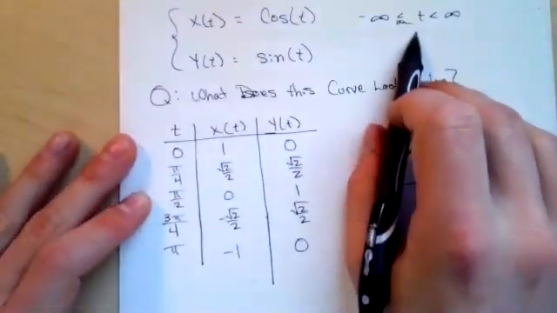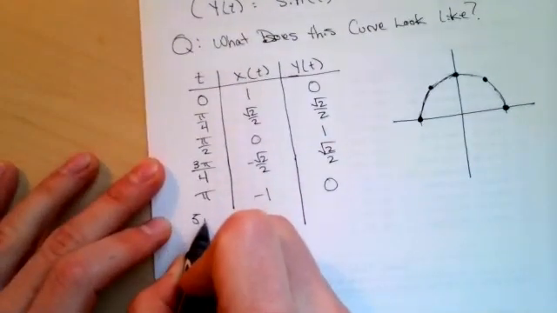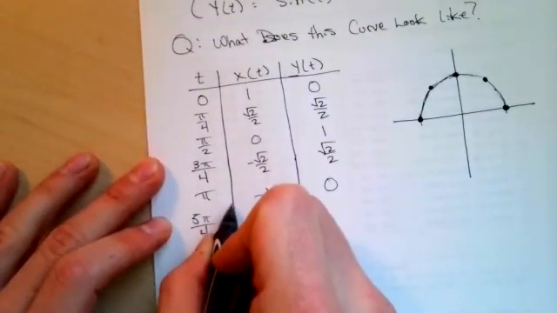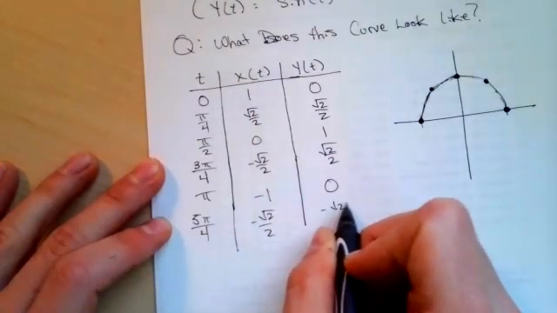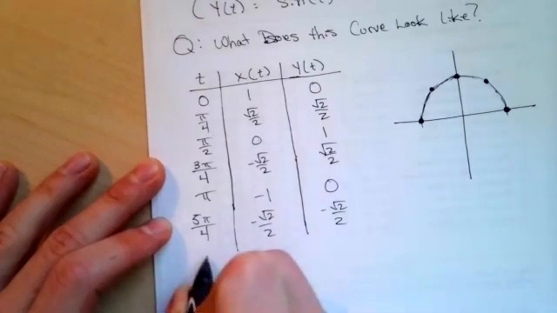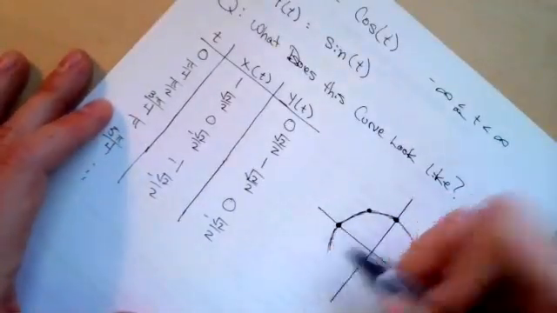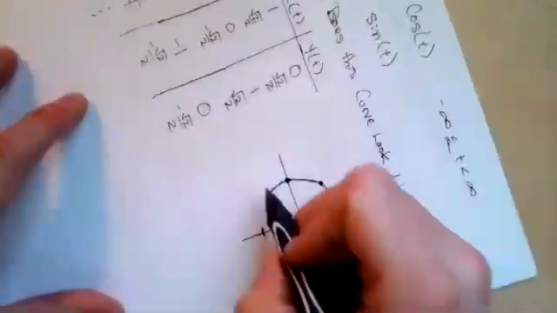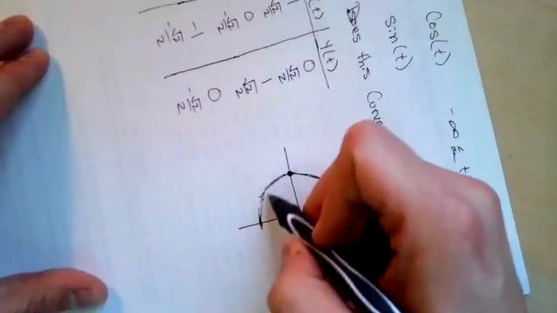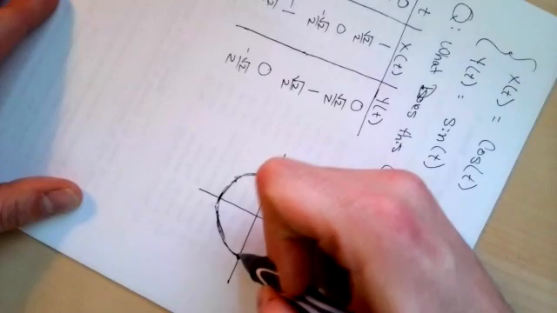And of course, since we're not bounded by any finite time interval, we can keep going. Our next one would be something like 5 pi over 4, which we can compute. And keep going. And as time keeps going, we will get not only the full circle, but every single loop around the circle.